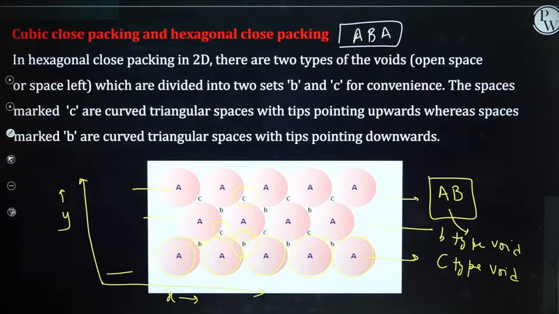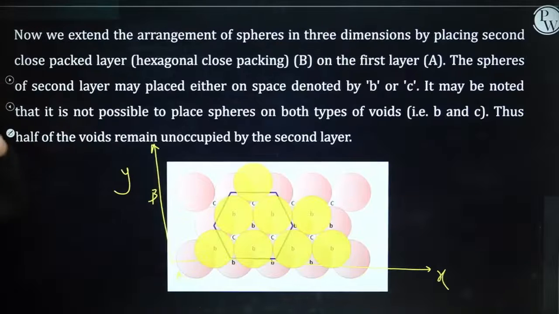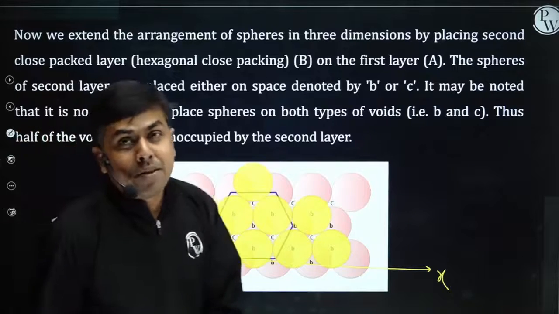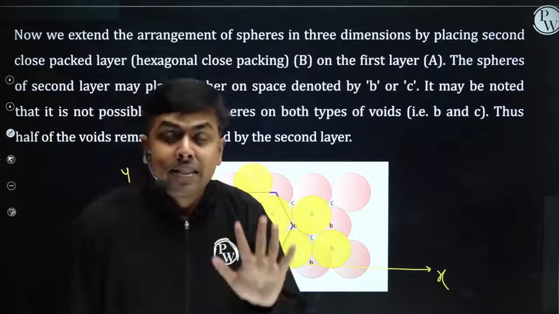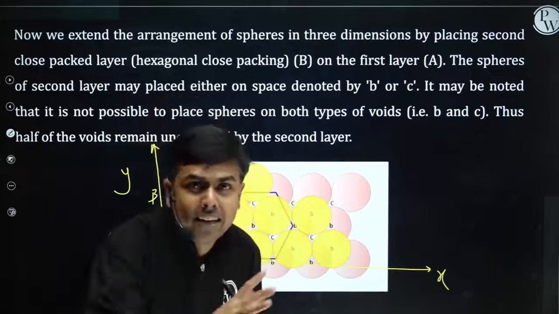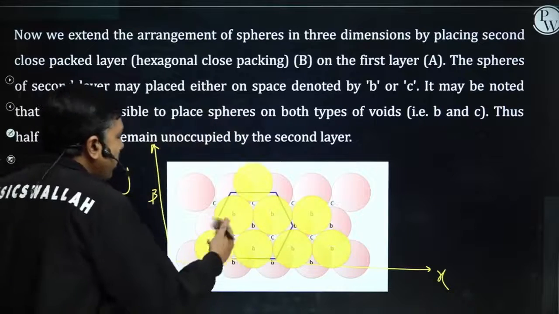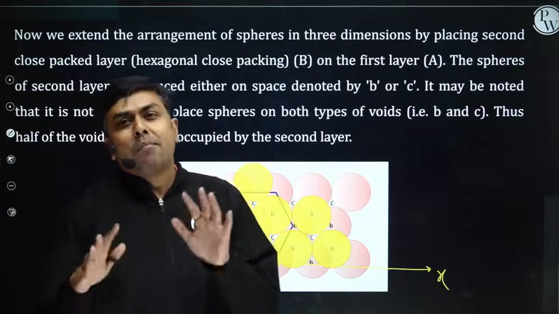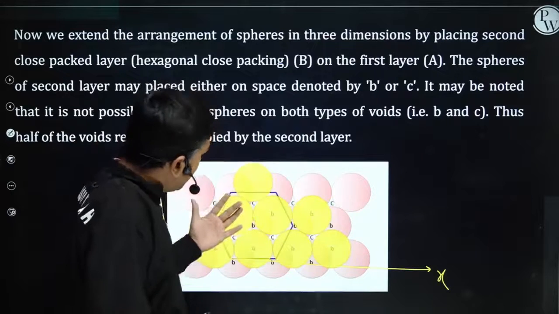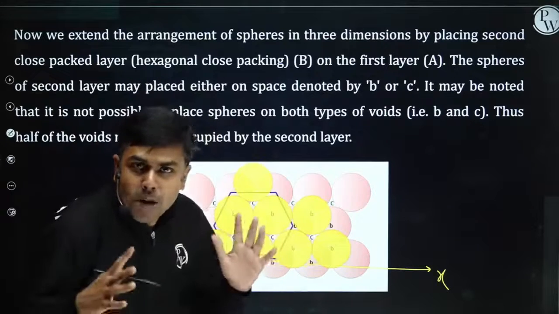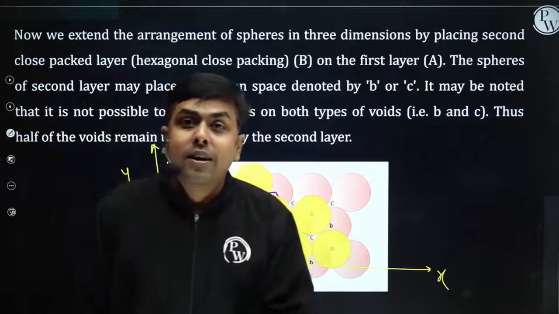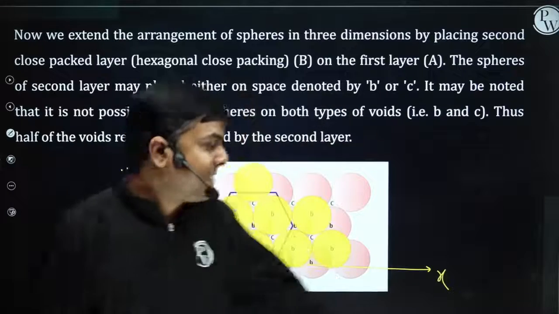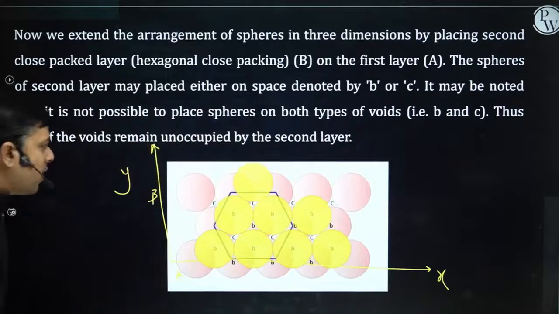Now students, in close packing in 3 dimensions, in AB type packing, the third layer is exactly placed on one of these triangular voids. If I do the packing along z-axis, I prefer to cover all the lower triangular voids, or even you may cover the upper triangular void.